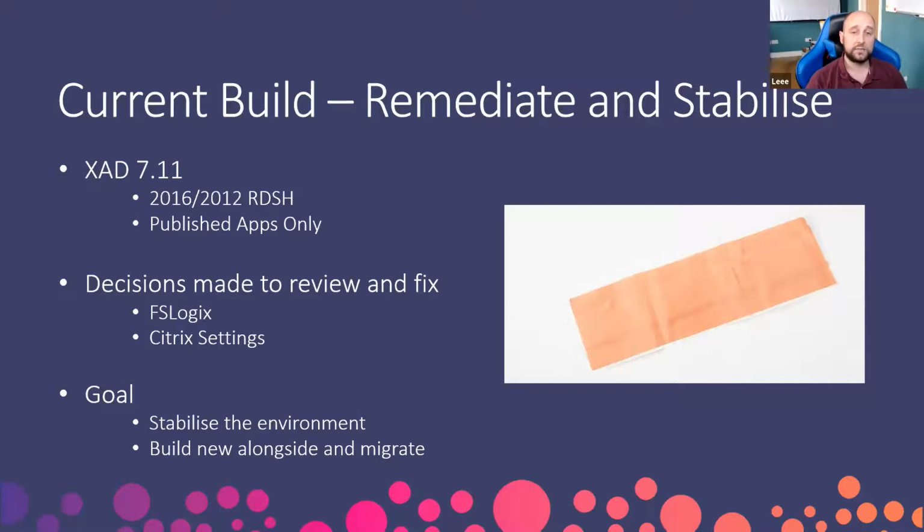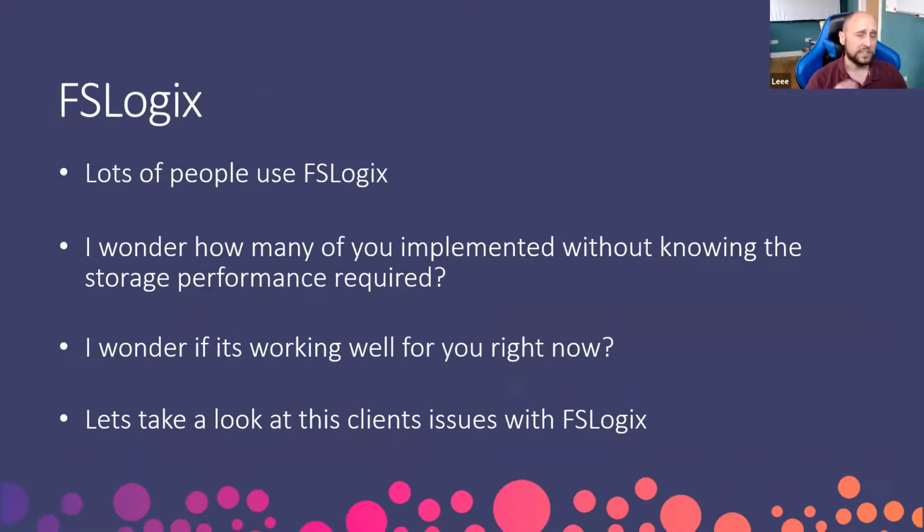We decided to fix FSLogix off the bat because that would remedy 90% of the issues, and we'd add a few Citrix servers as well to try and cope with the additional load during the login phase. This slide was more questions when I did this in person, but I've taken that out because I don't think we can cope with that number of responses.